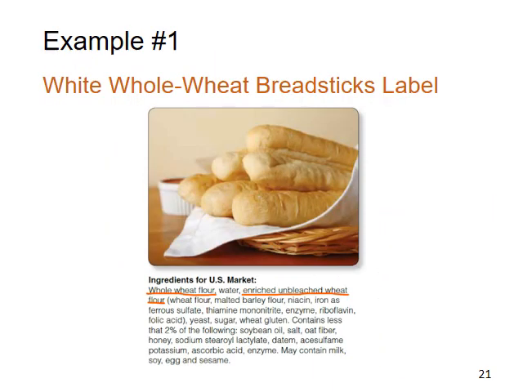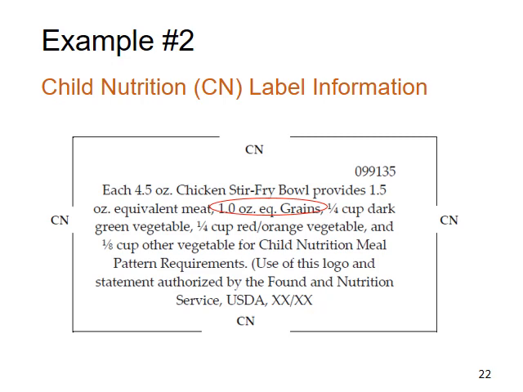This label shows whole wheat flour as the first ingredient. The next grain ingredient, enriched unbleached wheat flour, is third on the list, so this product fits the definition of whole grain rich. Manufacturers may apply for a CN label, such as this one, to indicate the number of ounce equivalent grains.